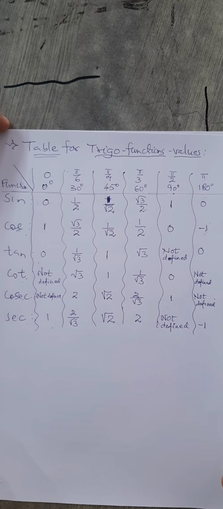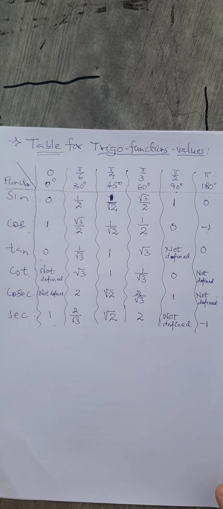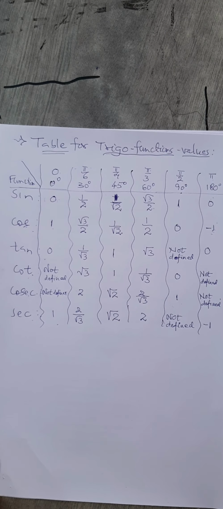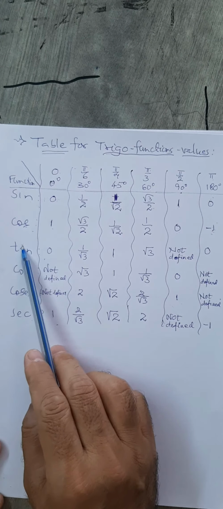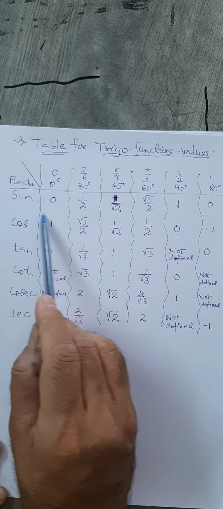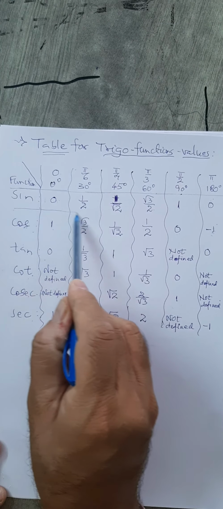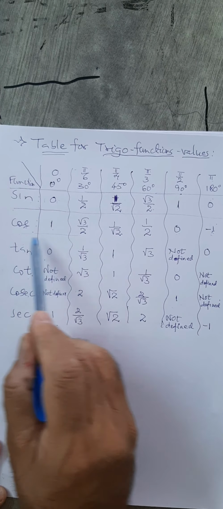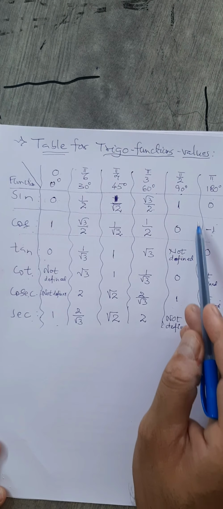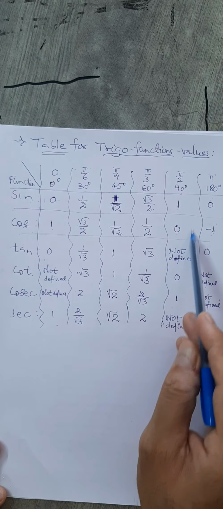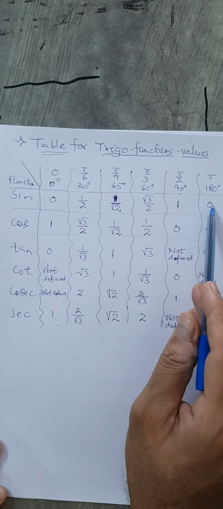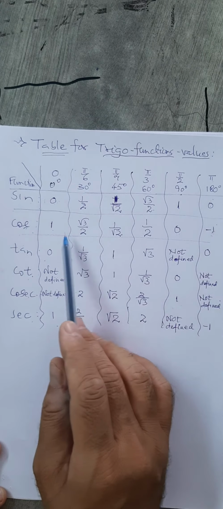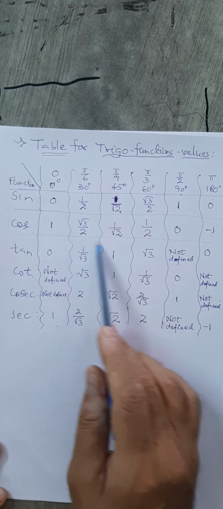Now here no need to memorize all these values, just you need to remember values of sine and cosine. Remember, these two are important. The other values you can write from there only, right? This we wrote without proofs, especially 0 and pi you can write from the unit circle. But these values we wrote directly.